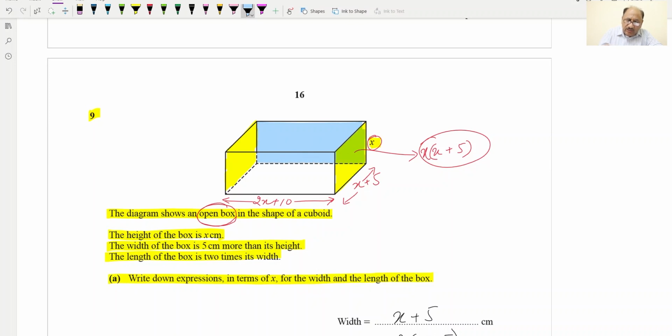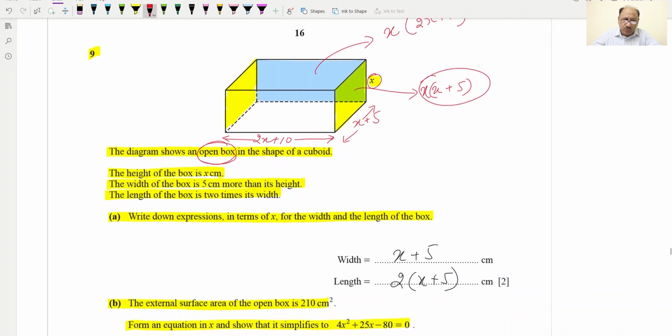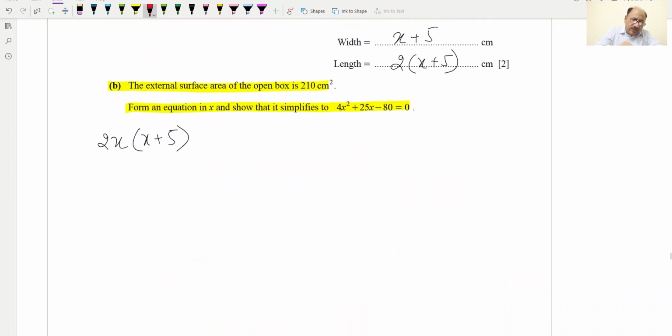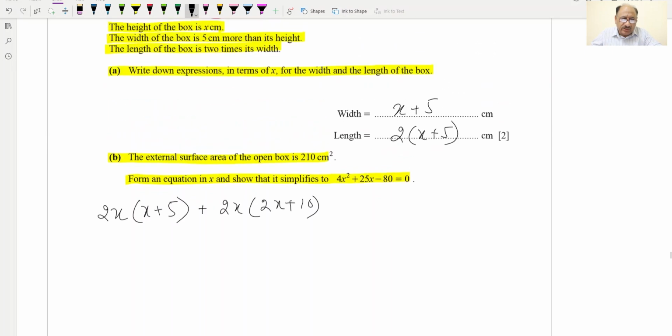The front side I'm not shading because it would cover the whole drawing. So front and back, this side is x into 2x plus 10. Two sides will be multiplied by 2, so we'll add the surface area 2x into 2x plus 10. Hopefully you understand this.